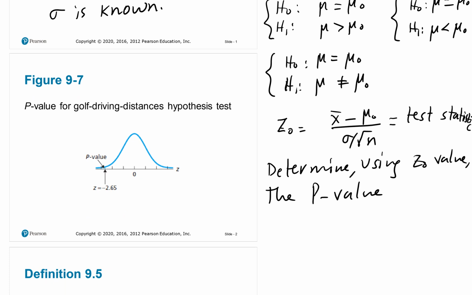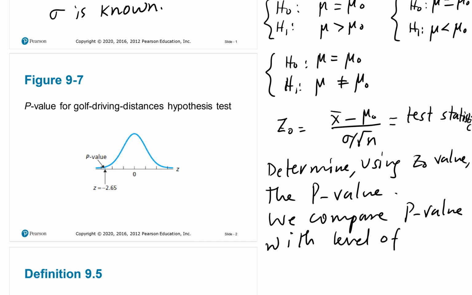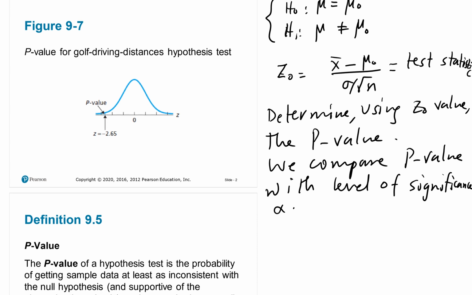Then we compare the p-value with the level of significance, alpha, which will be given.